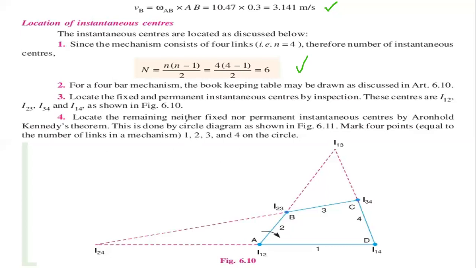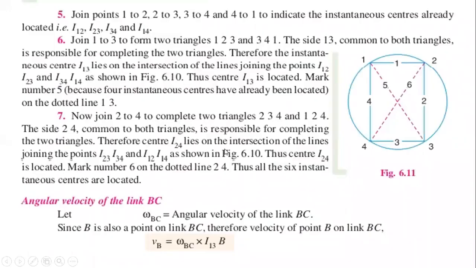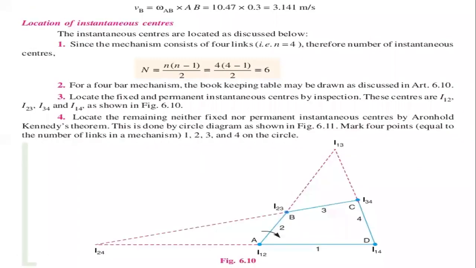This is done by a circle diagram as shown in the next 6th diagram. From this circle diagram, we are going to draw these instantaneous centers by marking 4 points, equal to the number of links in a mechanism, on the circle.